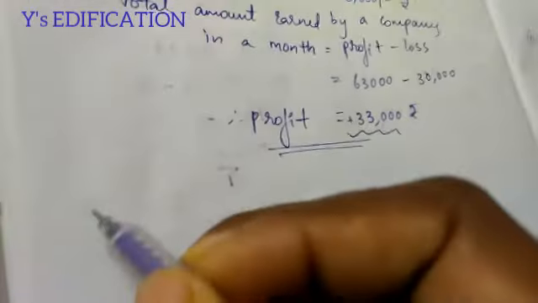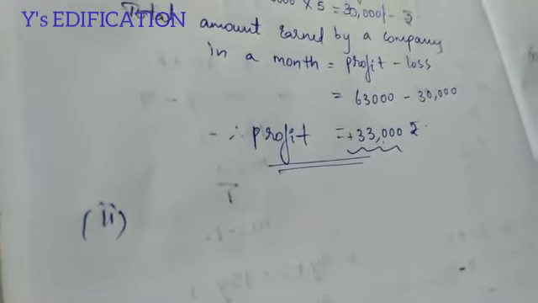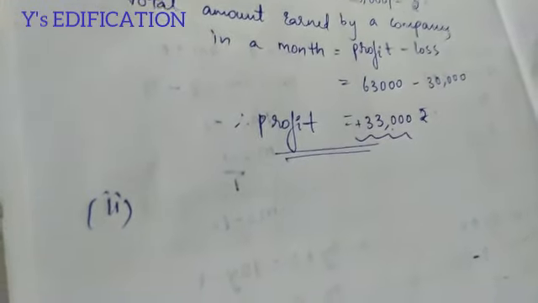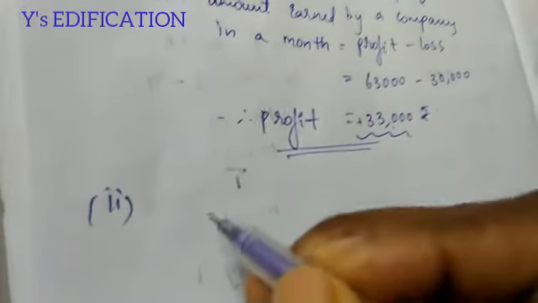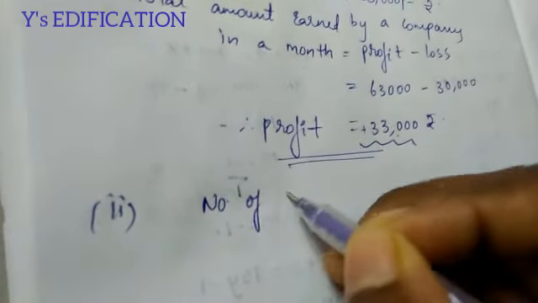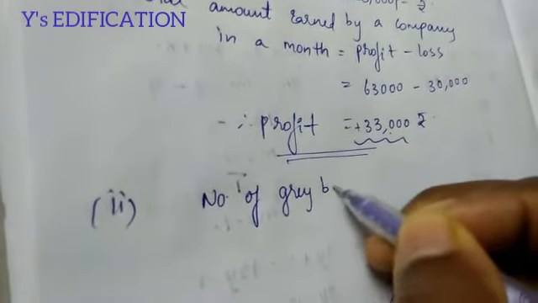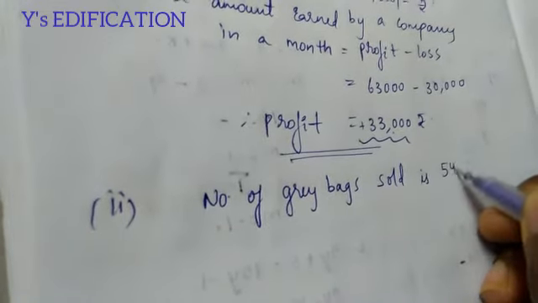Okay, so now what is the second one they gave us? What is the number of white cement bags it must sell to have neither profit nor loss? Okay, if they sold grey bags, the number of grey bags sold is 5,400.